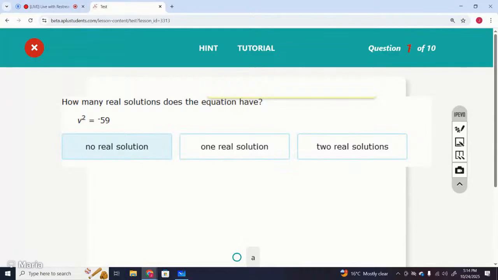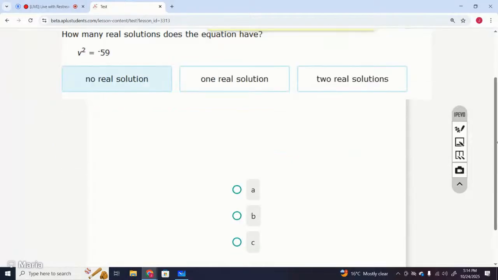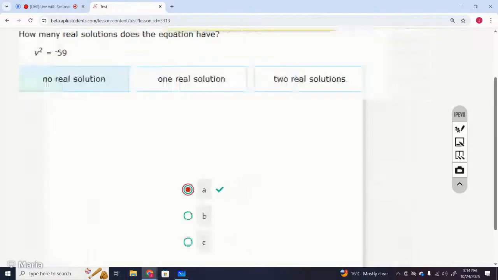How many real solutions does the equation have? V square equals negative 59. So the square root of the negative number is not real. So option number A is the correct option.